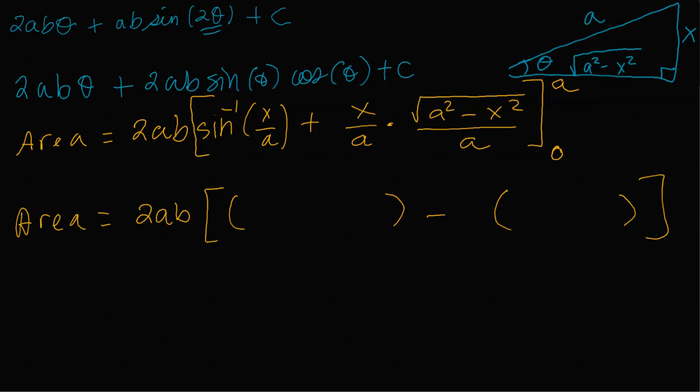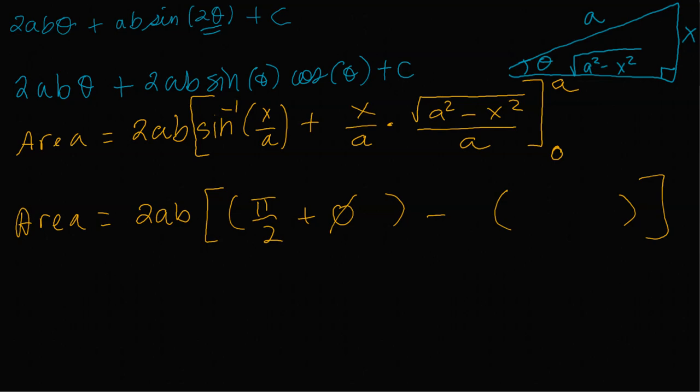Okay, so when x is a, a divided by a, I have 1. And inverse sine of 1 is going to be pi over 2. And then when x is a, I have a squared minus a squared. That's going to be 0. So that whole product right there is going to be 0.